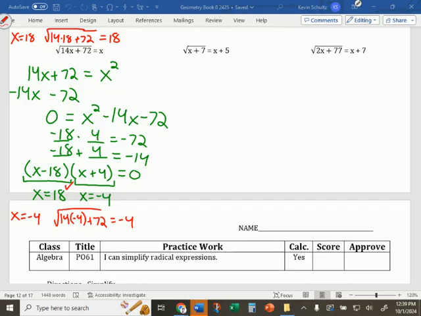What's negative 56 plus 72? I just put the whole thing in my calculator. 16. Square root of 16 is 4. Can the square root of 16 be negative 4? Yes, it can, because negative 4 squared equals 16. So this one works as well.